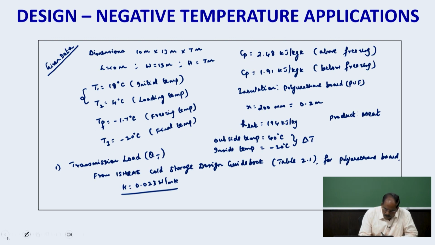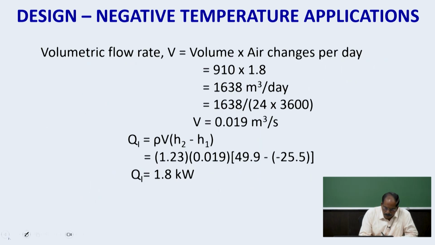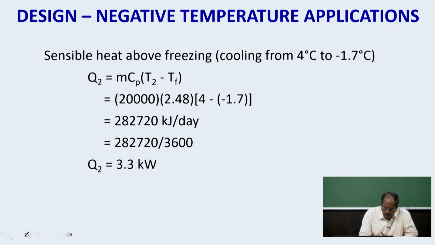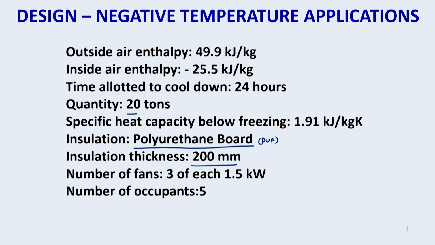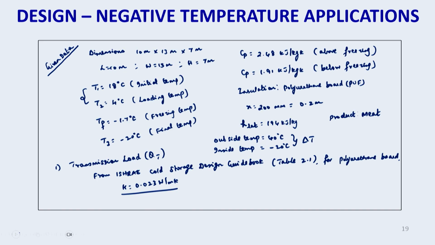Let me write the quantity of the product. Since the M value is required, it is given as 20 tons. M is equal to 20 tons, that is 20 into 1000 kg.